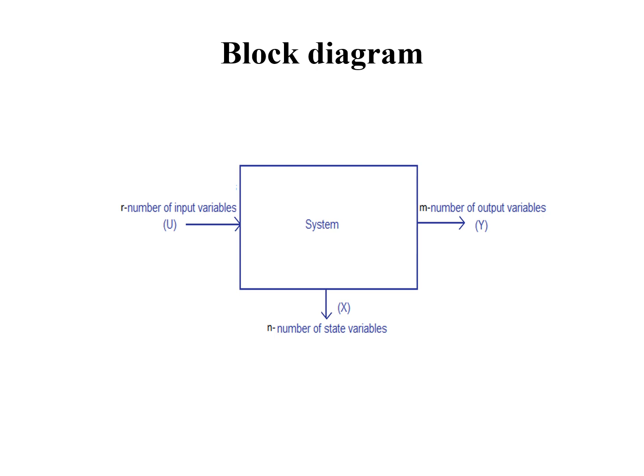This is a simple block diagram of the state space model. This is the system which has r number of inputs, m number of outputs and n number of state variables.